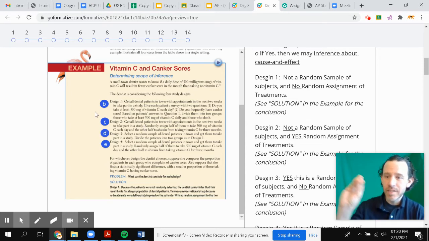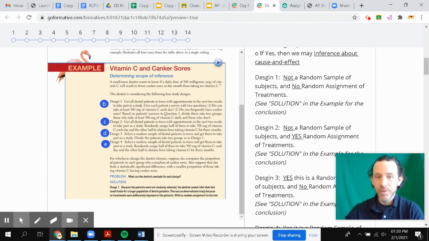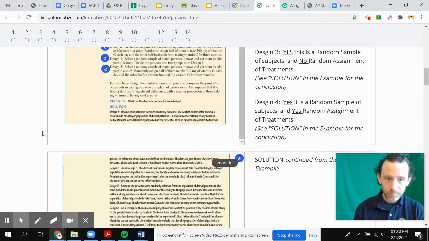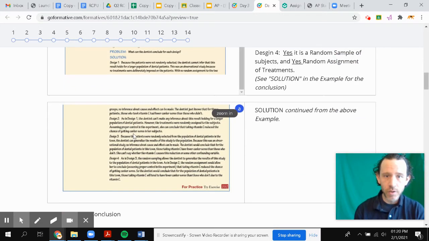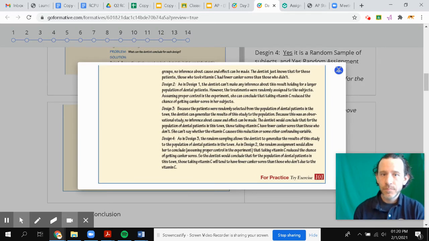We randomly selected one group to get vitamin C and the other group doesn't. So our result, if we scroll down, in design 2 says that we could say vitamin C has a cause and effect relationship to canker sores, but we can only attribute that to the people that took part in the study because it was not a random sample. And that's the deal with design 2.